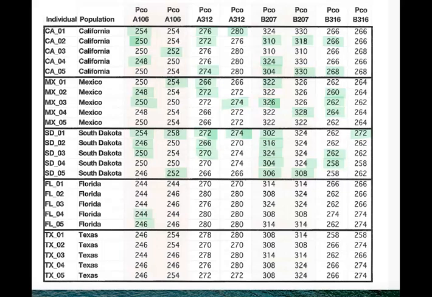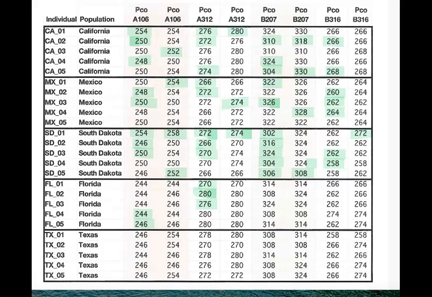All right, going to Florida. 244, 246. That's it. Going to gene 312, 270, 280, 276. That's it. All right.